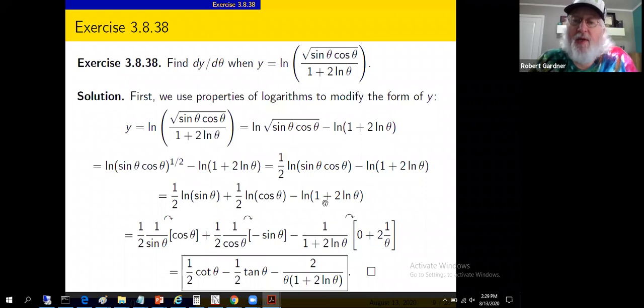And a similar thing here. Natural log of 1 plus 2 log theta: derivative is 1 over the 1 plus 2 log theta times the derivative of 1 plus 2 log theta. Derivative of 1 is 0, just to see where everything came from. Plus 2, derivative of natural log of theta is 1 over theta, differentiating with respect to theta.